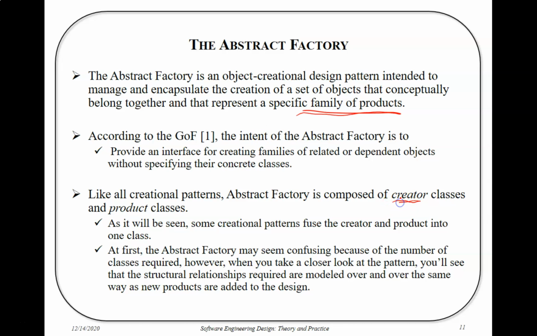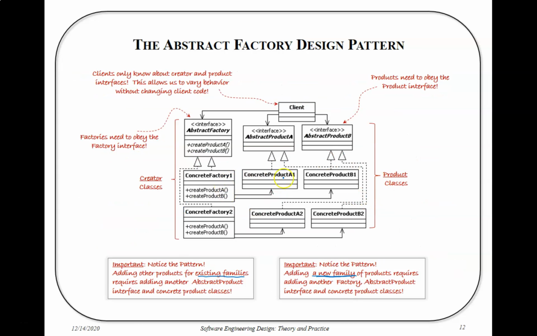First is the creator classes, and the second is the product classes. The creator and product have their own interface classes, which are used to create the concrete objects as uniform objects.